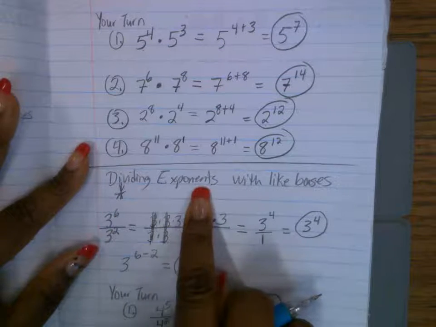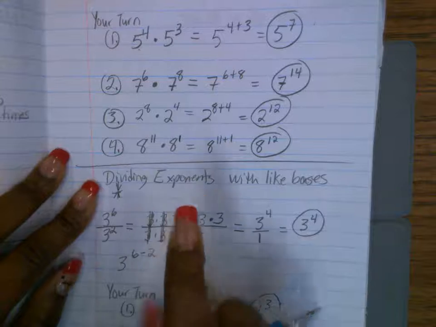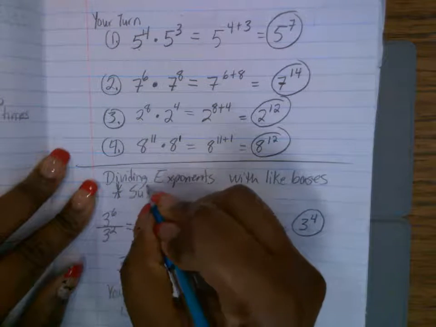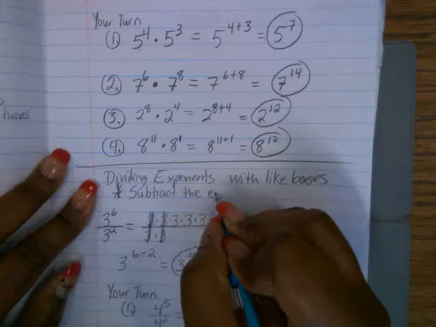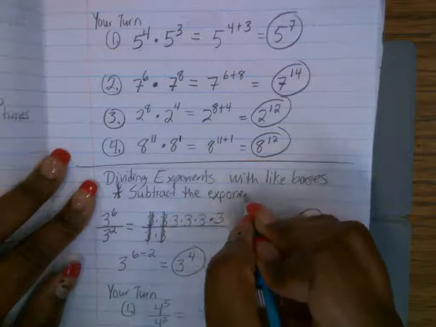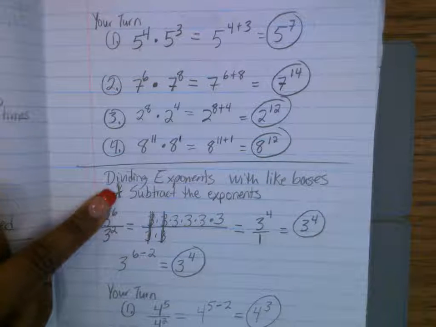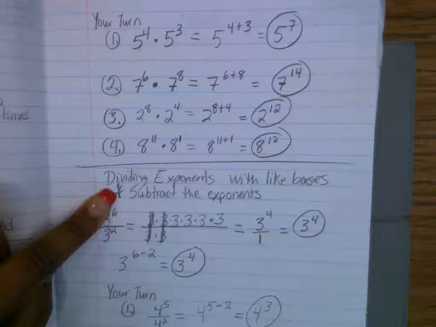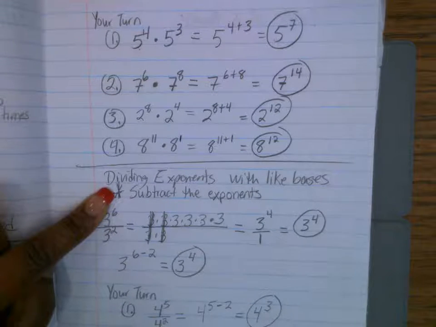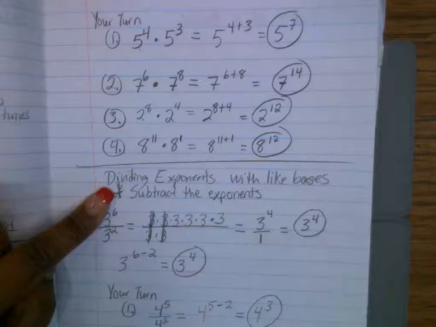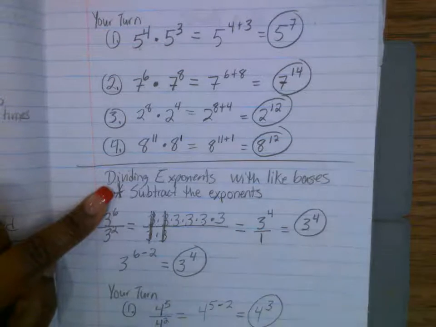When you divide exponents with like bases, you're subtracting the exponents. Super important. Put a star right there. When you're multiplying exponents with like bases, you add the exponents. When you divide exponents with like bases, you subtract the exponents.